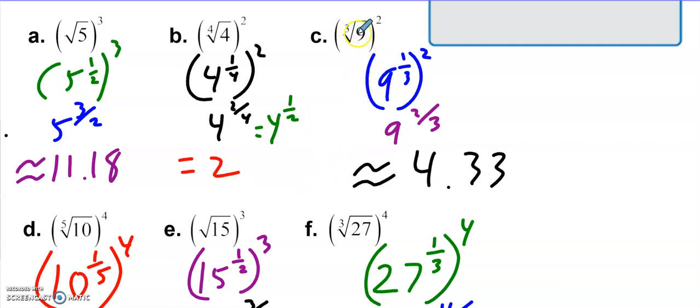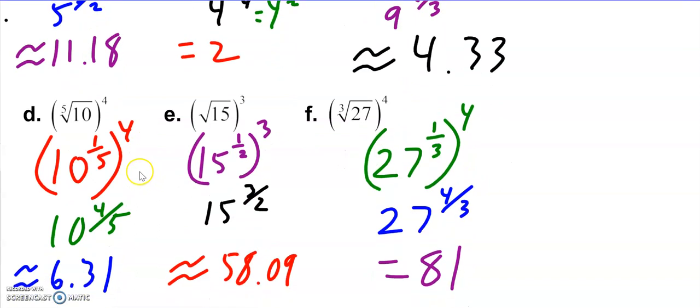The cube root of 9 squared is 9 to the 1/3 to the 2nd power, which is 9 to the 2/3. If I type this into my calculator, it's approximately 4.33. The 5th root of 10 to the 4th is 10 to the 1/5 to the 4th power. This is 10 to the 4/5.